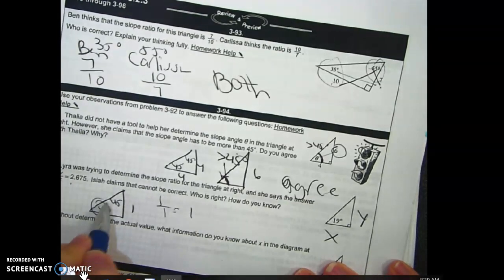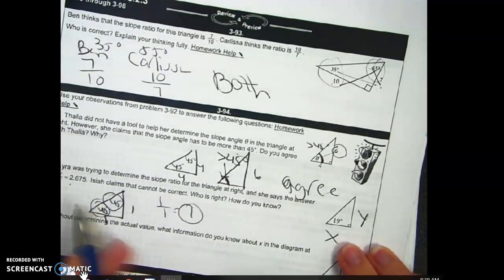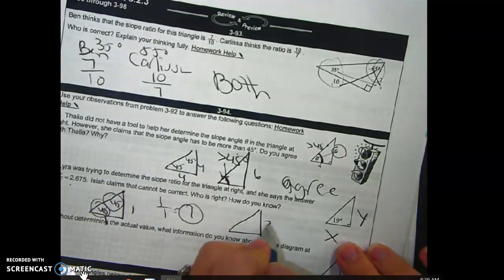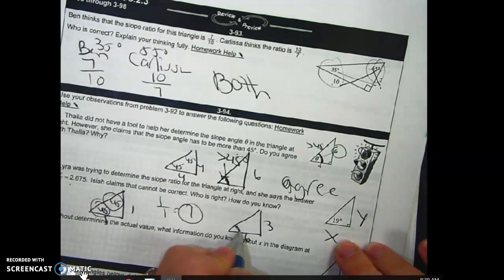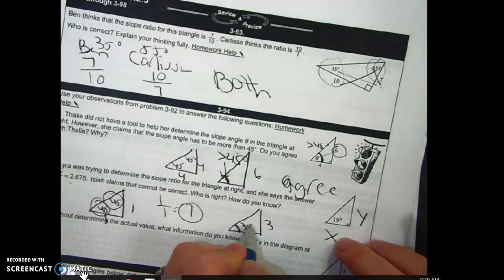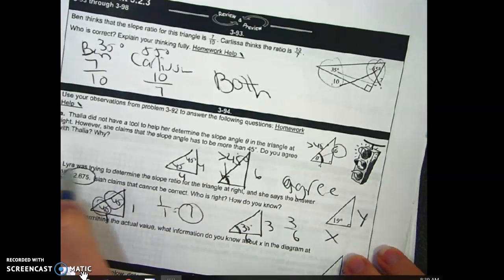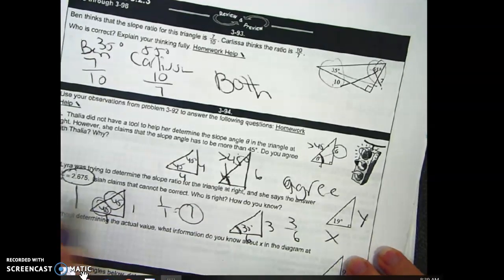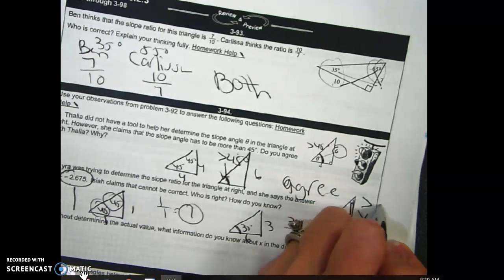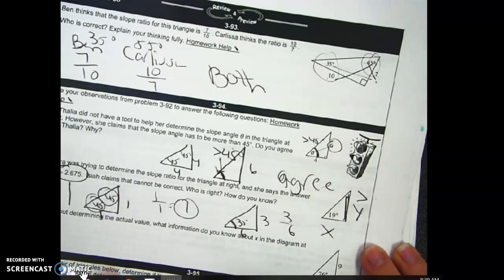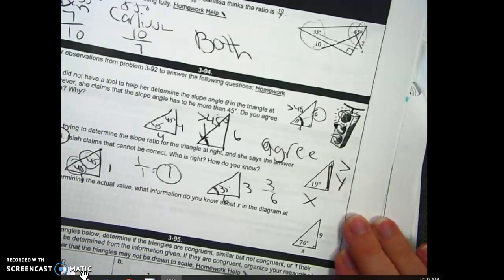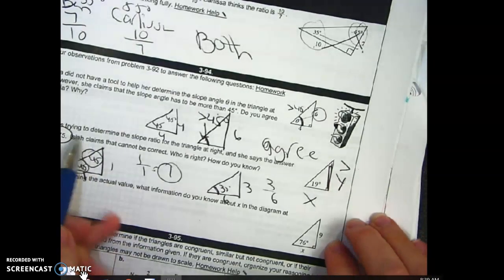So if they're exactly the same, the ratio is 1. If it is less than 45 degrees, so let's say 30 degrees, then it's less than 1. So since this is 2.67, that means this side has to be greater than that side. So who is right? Let's see.